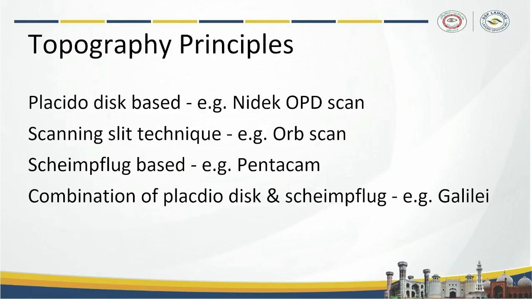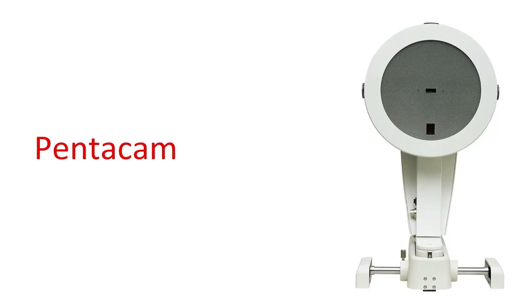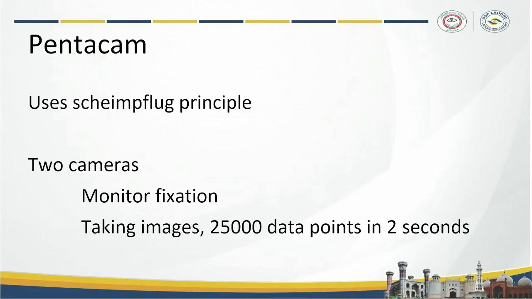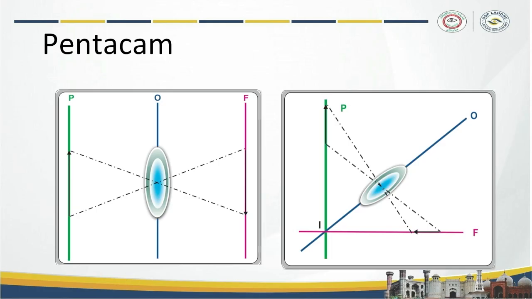So the principles of topography are, as I was already discussing, they could be Placido disc based, which was used in the past, and then came the Orbscan, which used a scanning slit technique, but we'll emphasize in this presentation on the Scheimpflug principle and Galilei as well as Pentacam. So this is the picture of the Pentacam, and Pentacam uses a principle known as Scheimpflug principle. Usually the image formation line is parallel to the subject.